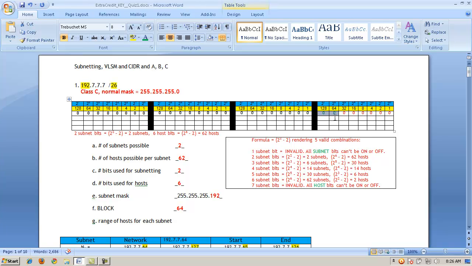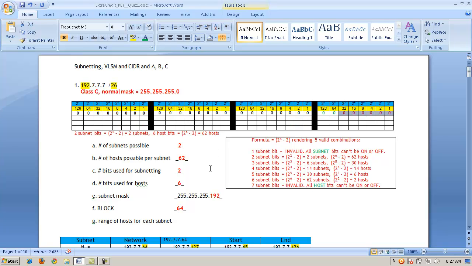In this case, we have the 128-bit and the 64-bit. If we plug that into our formula, 2 to the power of x minus 2, with 2 subnet bits, that's 2 to the power of 2 minus 2. 4 minus 2 gives us 2 subnets. That leaves us the remaining 6 bits in the last octet for our hosts. 2 to the power of 6 gives us 64, minus the 2 gives us 62 hosts.